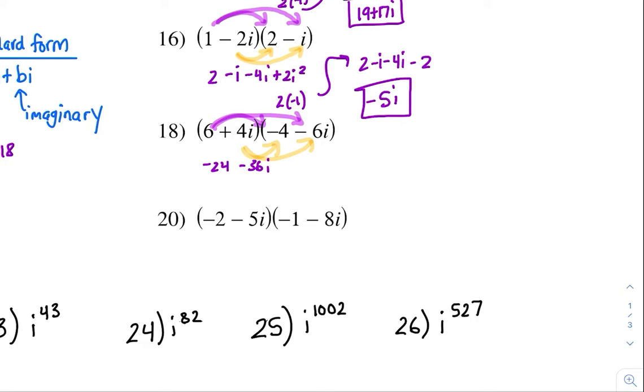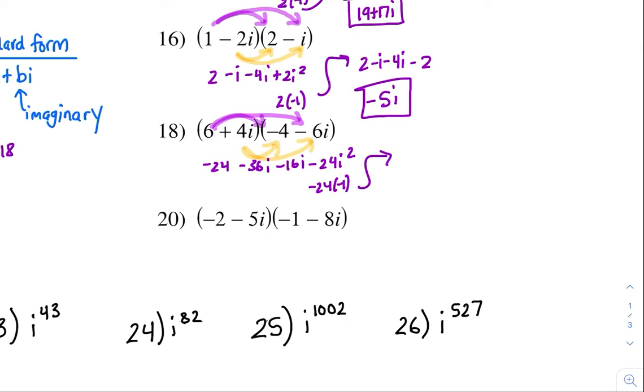And then we have negative 24, negative 6. Okay, wait, negative 24, negative 3. Okay, and then negative 16i, and then negative 24i to the second. So now change the i squared to be a negative number.